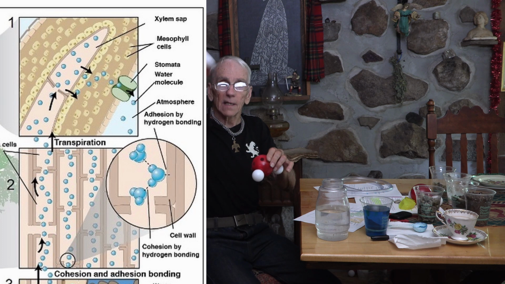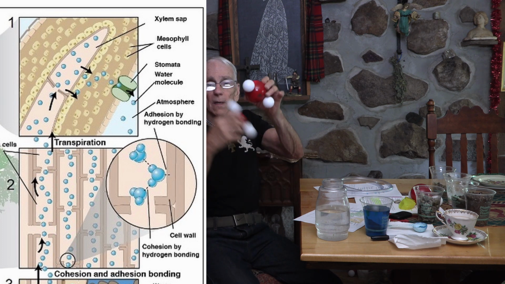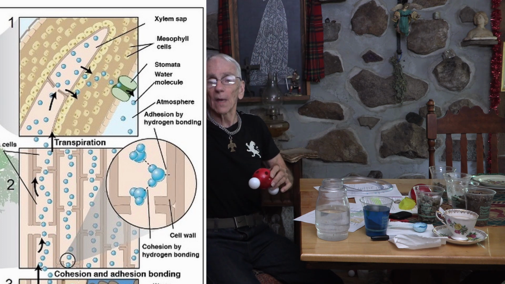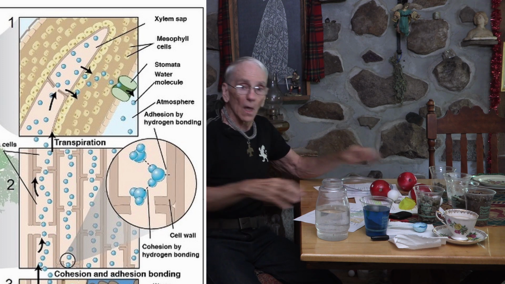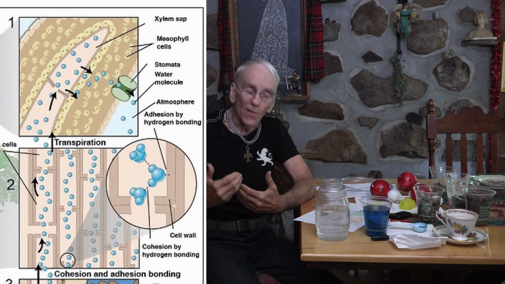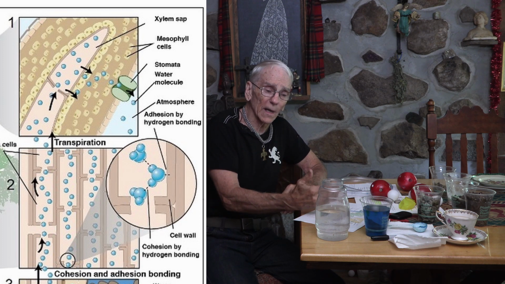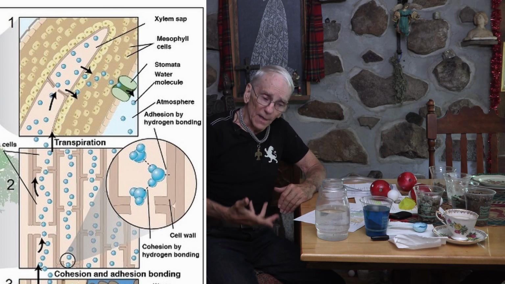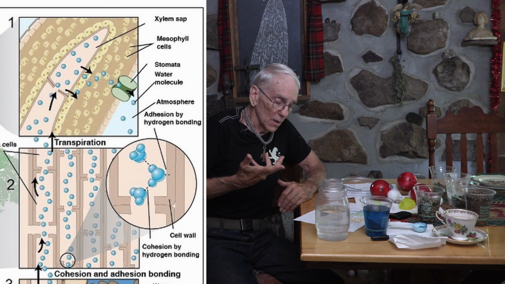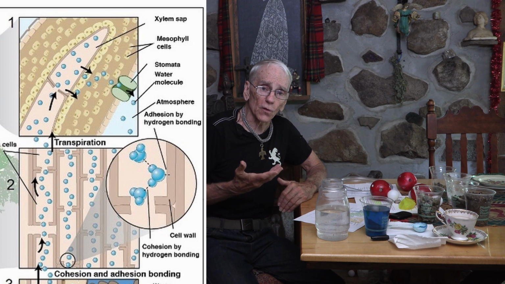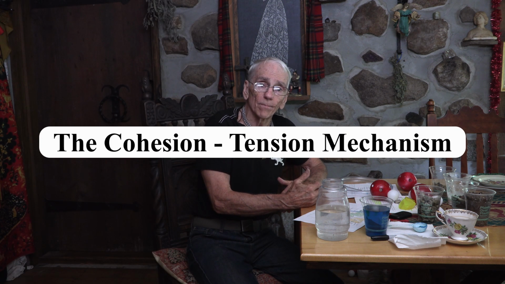So you have leaving and then pulling up and leaving and pulling up and leaving. So you have this tension, and this system is actually called this transport system, and this ability to pull water up from the roots to the top of the plant is called the cohesion tension system.